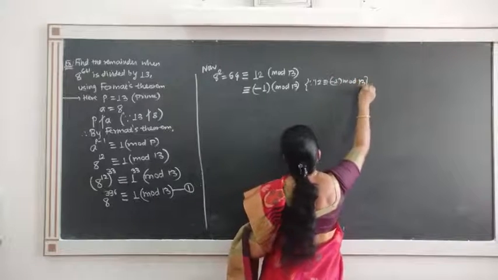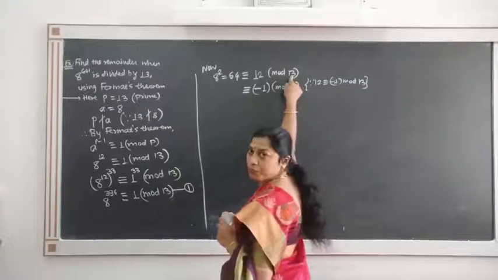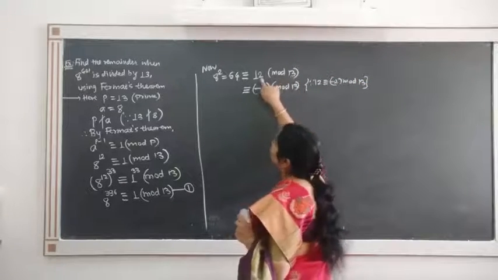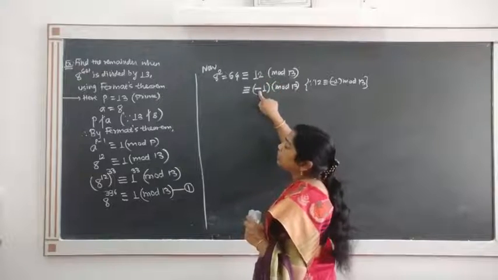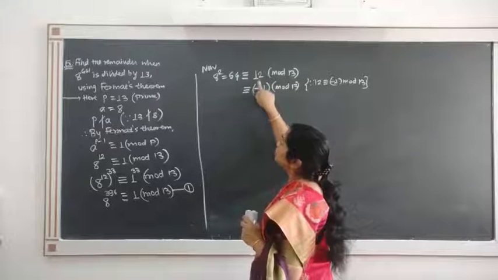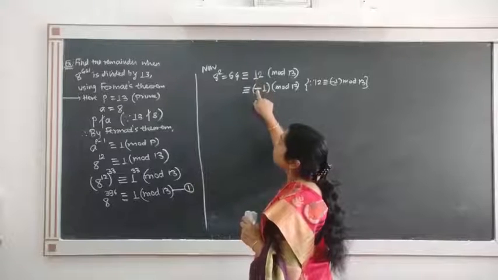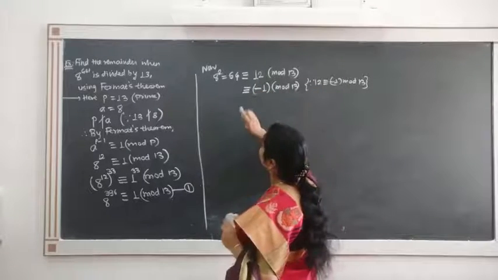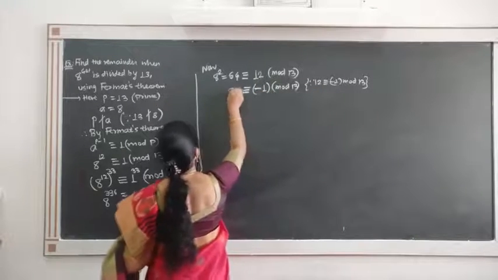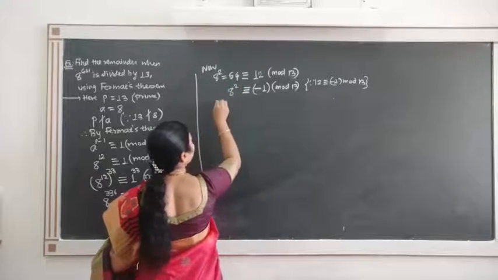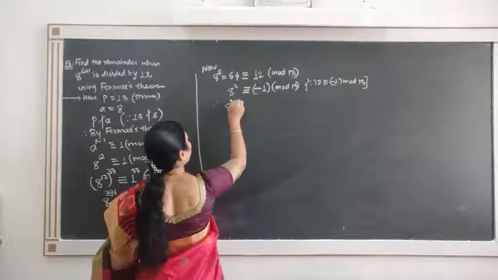So whenever the remainder is very near to this P, it is easy to take the number as negative. So 12 is congruent to minus 1 modulo 13 and therefore 8 square is congruent to minus 1 modulo 13. Take square on both sides.